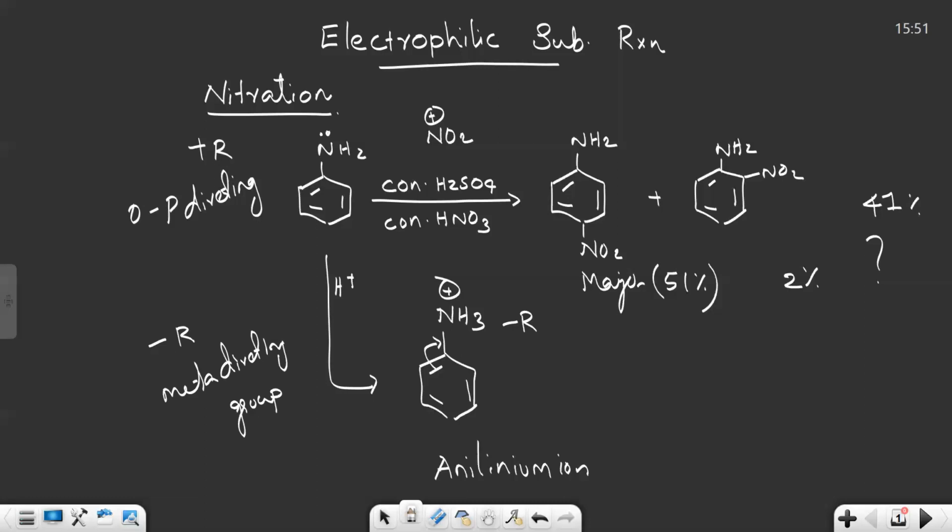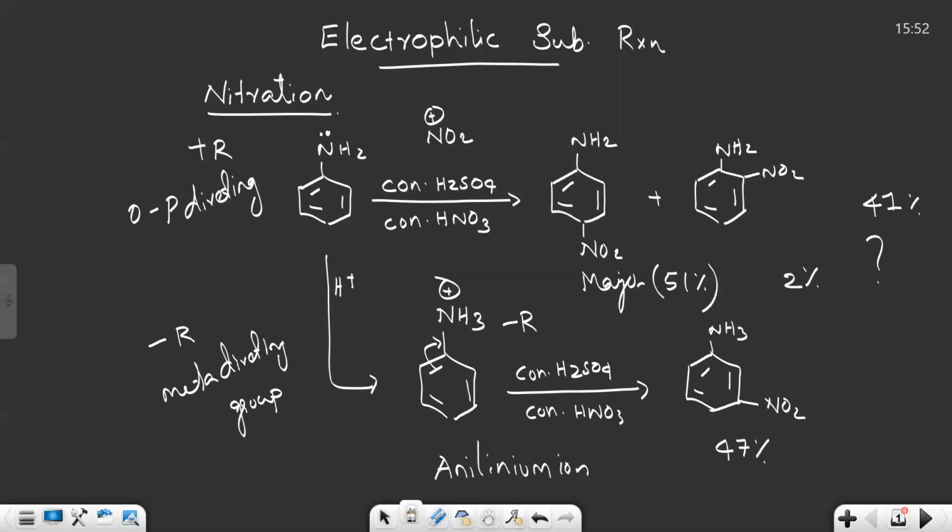Then this anilinium ion again reacts with concentrated sulfuric acid and concentrated HNO3 to form meta-nitroaniline. So this is almost 47% of all the compounds.